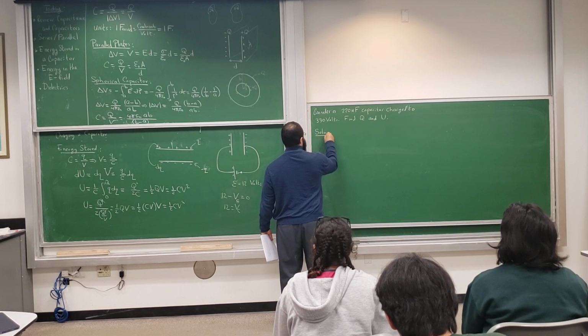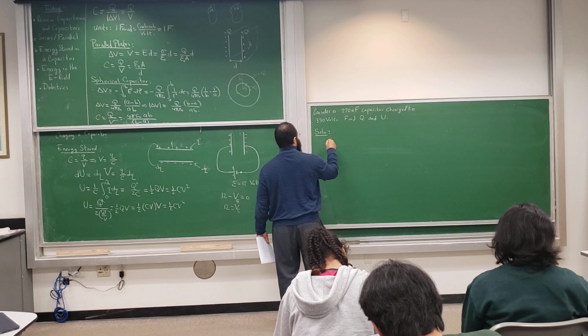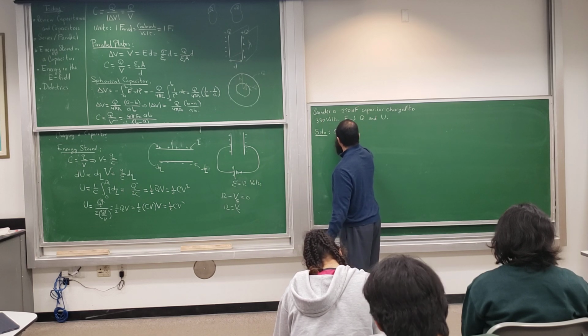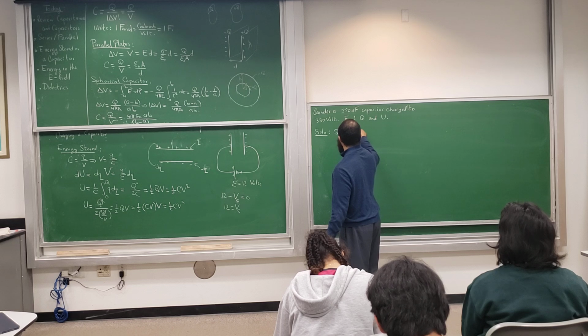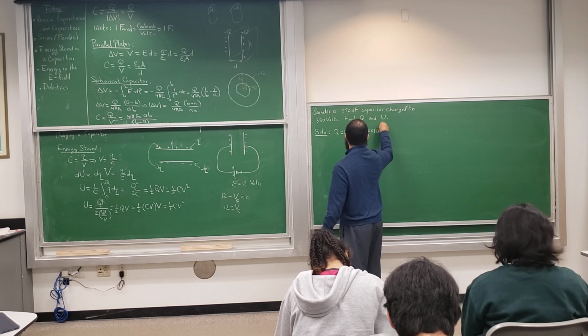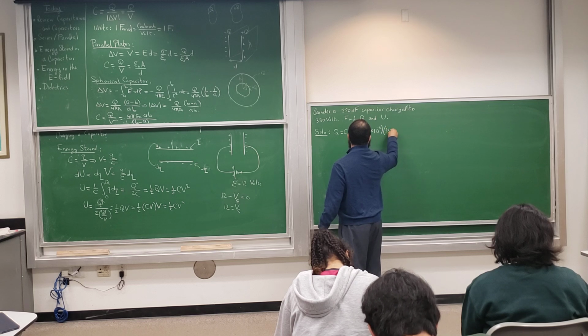I need your help with this one. CV for Q? So Q is CV. So 220 times 10 to the minus 6, right? And then 330.